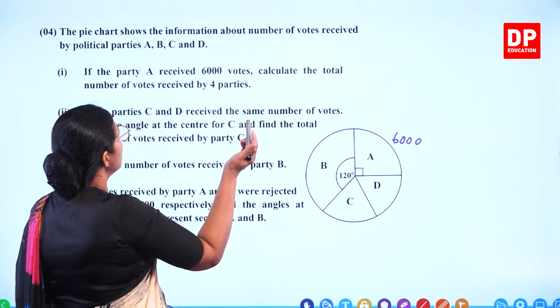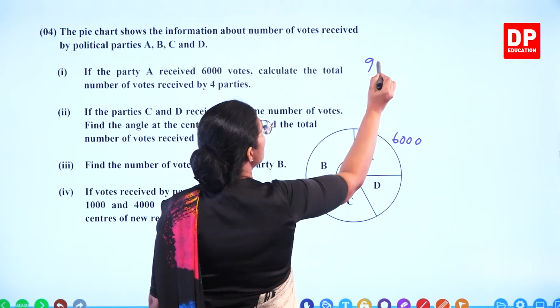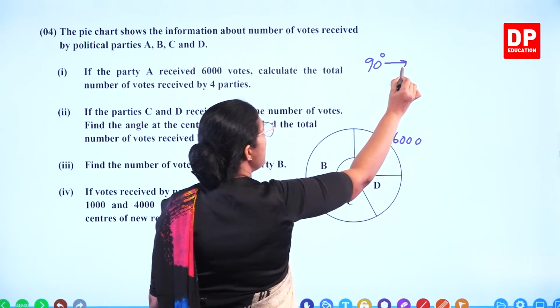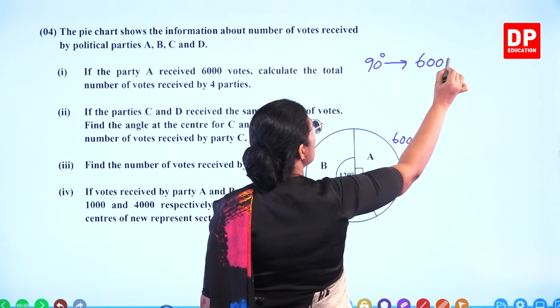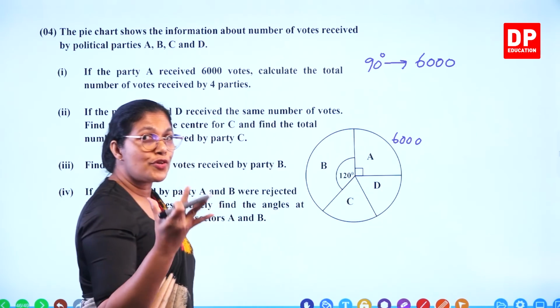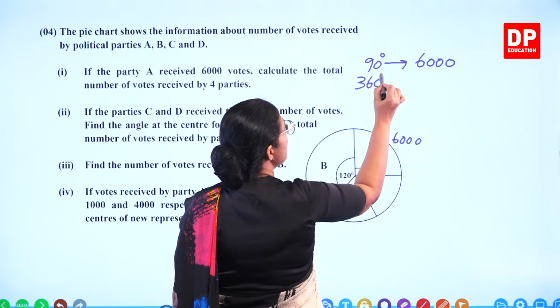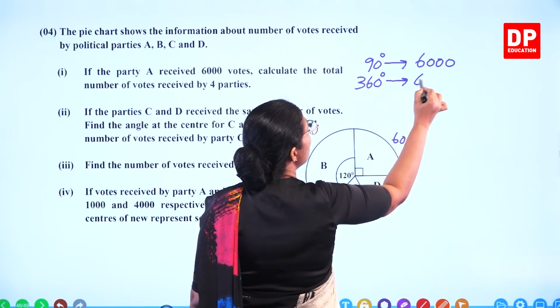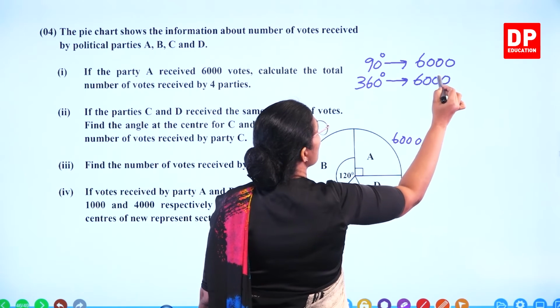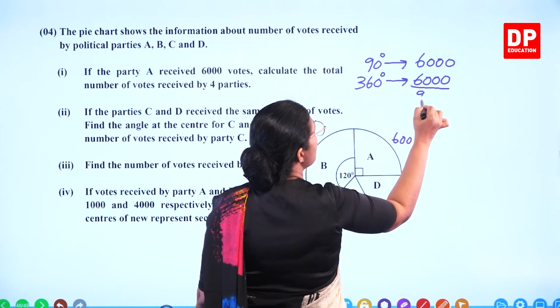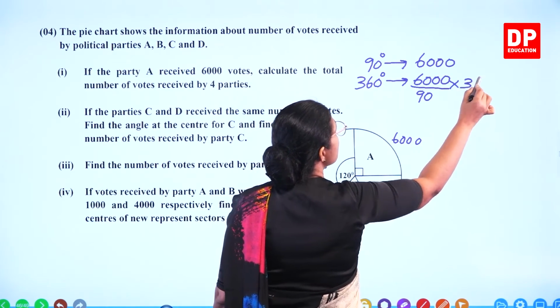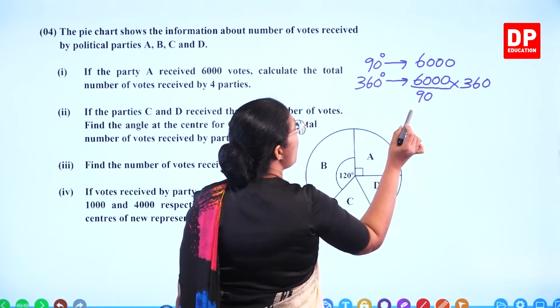So you can find out easily using the angle. 90 means 6,000. Full thing means 360. So 360 degrees means you have to multiply this by 4. 6,000 divided by 90 and multiply by 360 means multiply by 4.